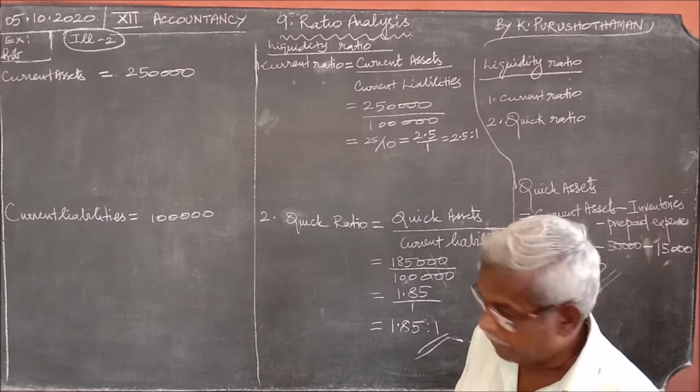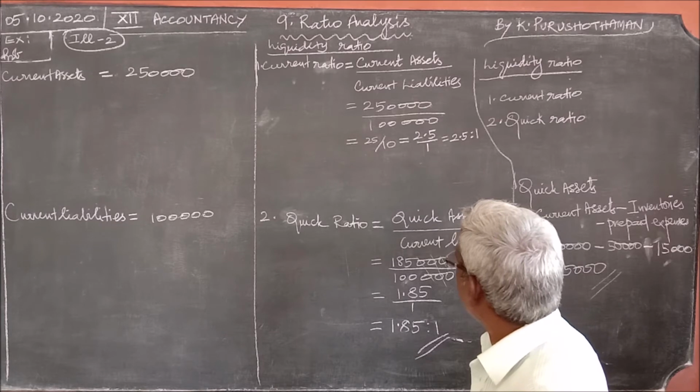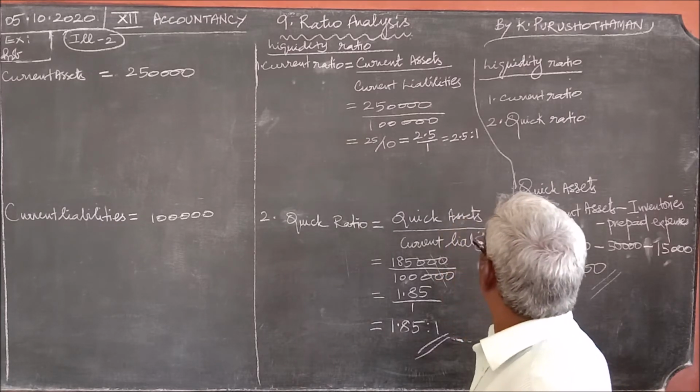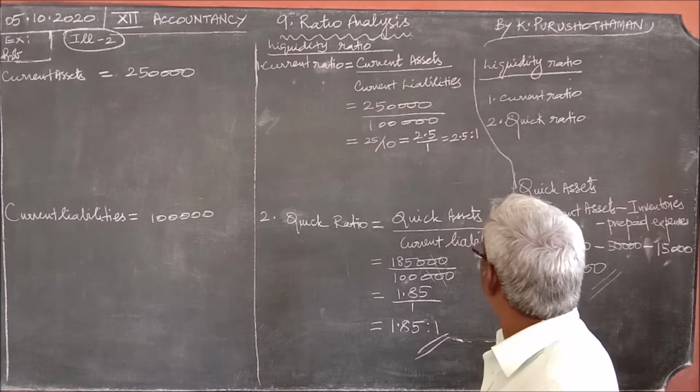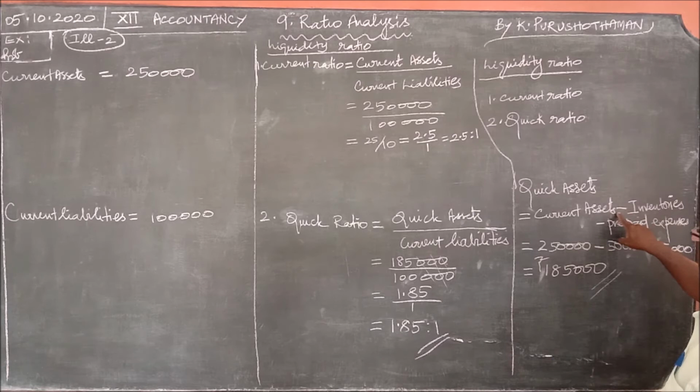So we must find not the current liabilities, but the quick assets. How to find the quick assets? Quick assets is nothing but this formula. From the current assets, if you minus inventories and the prepaid expenses, you will get the remaining value.